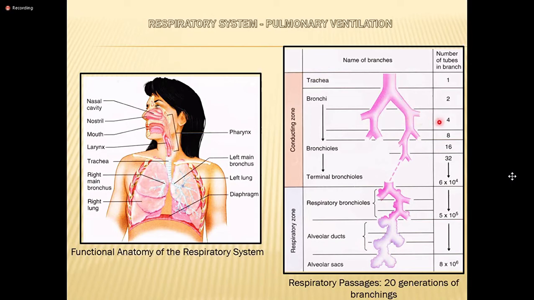Then you have four. From 4, you divide into 8, and then 16, into 32. And then into your terminal bronchioles. Then your respiratory bronchioles. This is already your respiratory zone, alveolar duct and your alveolar sac.